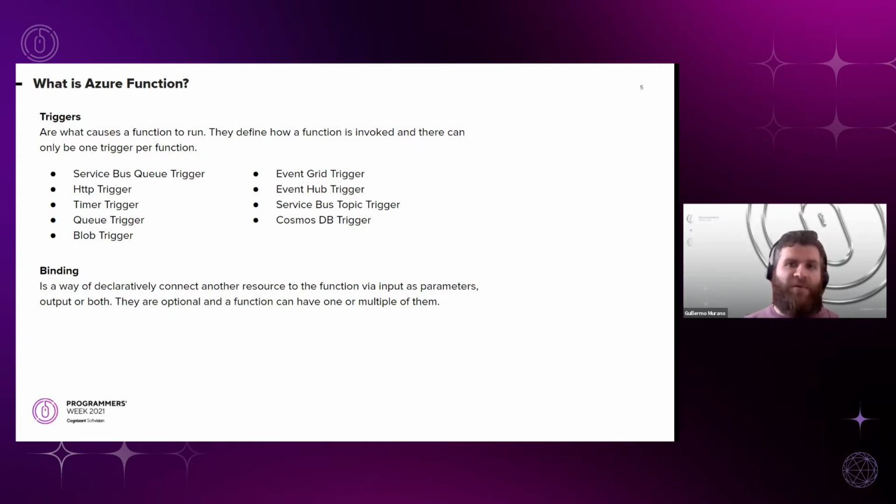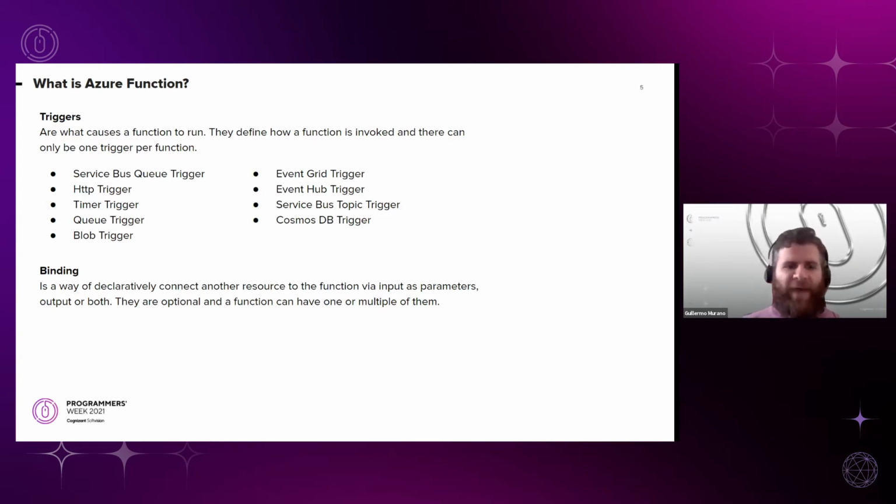We're going to have also a blob trigger that will run when a blob is added to a container, an event grid trigger that will run when an event grid receives a new event, an event hub trigger when an event hub receives a new event, the service bus topic trigger that is going to run when a message is added to the service bus topic, and the Cosmos DB trigger when a document changes in the document collection.